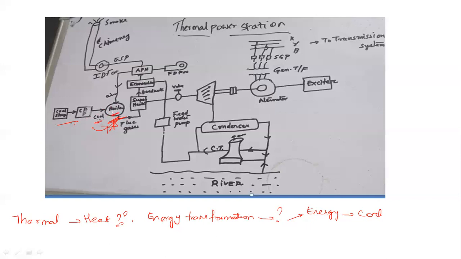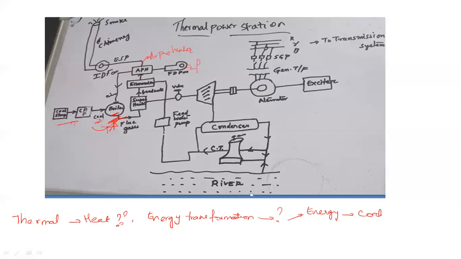For combustion, you require coal and air. How do you get that air? Air can be brought from the air preheater with the help of the FD fan shown here. FD fan means forced draft fan.